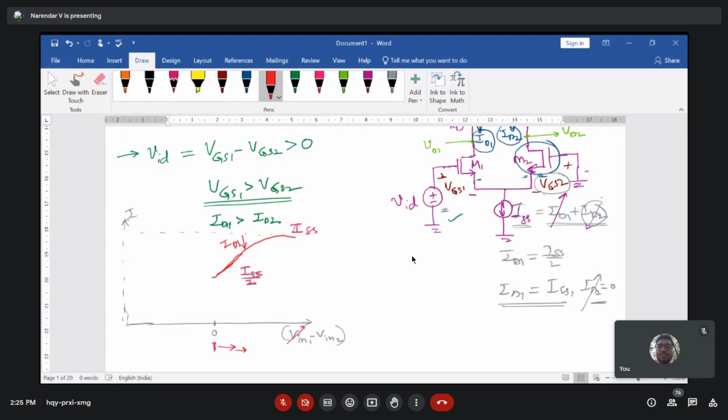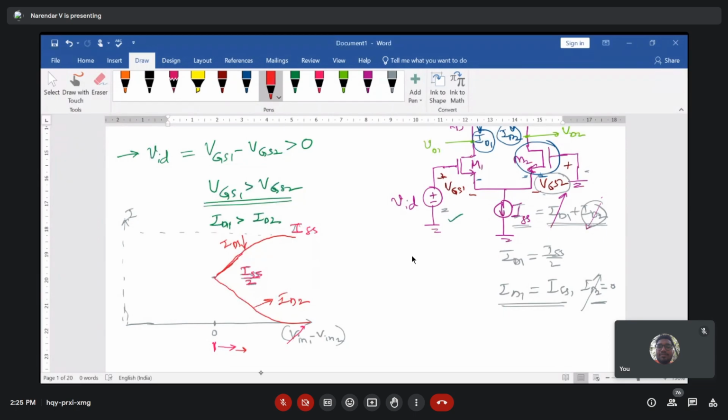As ID1 is increasing, what happened to your ID2? ID2 is going to decrease, and this is how your ID2 is going to look like. This is the ID2 current when V input 1 minus V input 2 is becoming larger value.